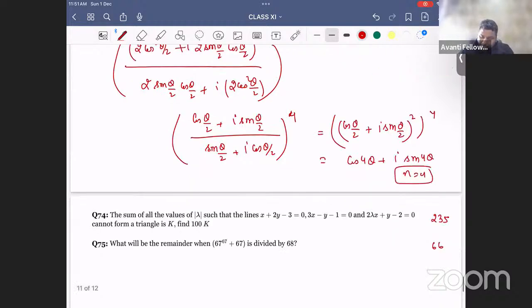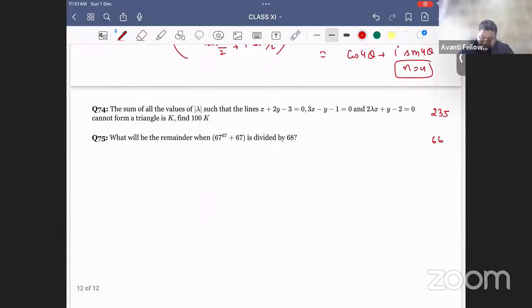Fine. Now these are the left two questions. The sum of values of lambda such that this, and this cannot form a triangle. Now see, these are three lines. So how can they not form a triangle? Either any two of them are parallel or all three of them are passing through one single point. Got it?